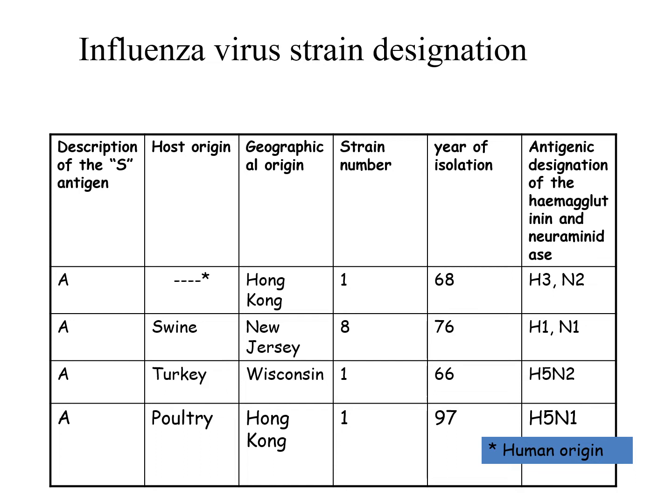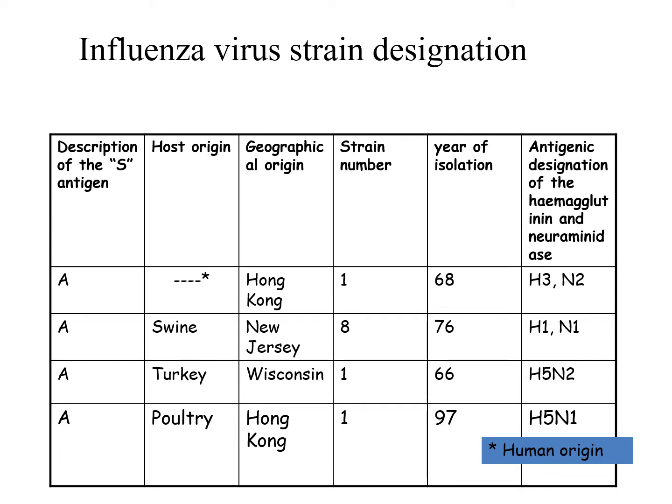And this table shows an example of naming multiple different influenza A viruses. The description of the subtype antigen is A for this one. The host of origin is not mentioned because it's human origin. It was first isolated in Hong Kong. The strain number is 1, and it was isolated first in the year 1968. And the hemagglutinin is number 3, and neuraminidase is number 2.